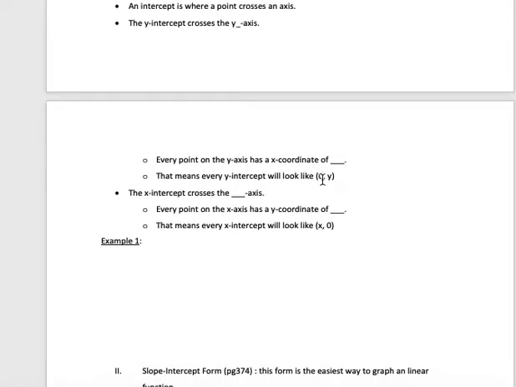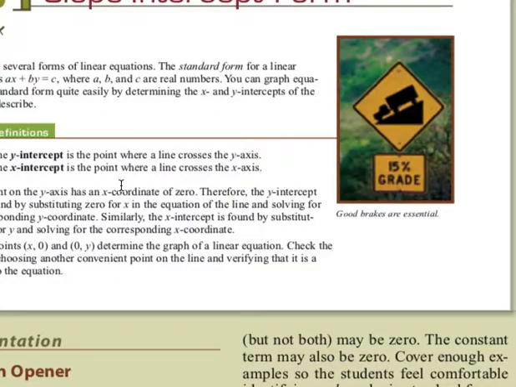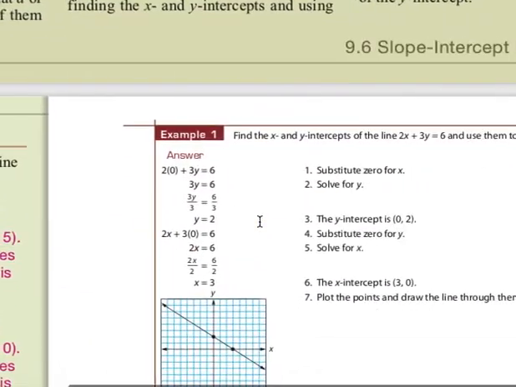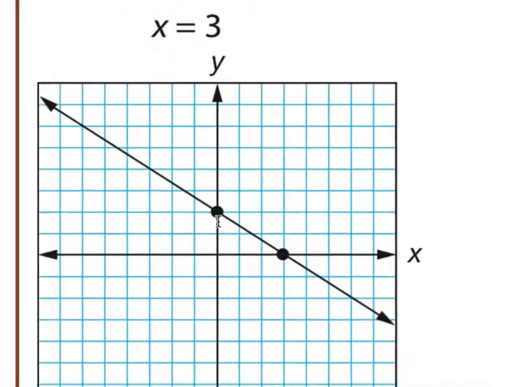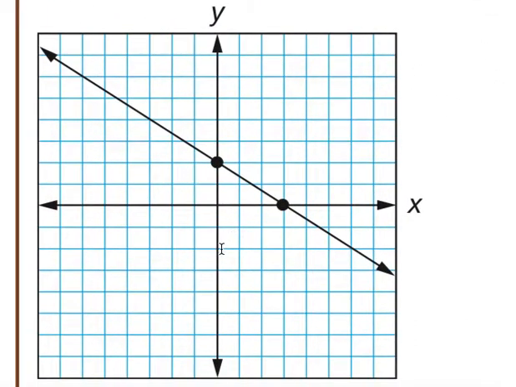Every point on the y-axis has an x-coordinate of, well, let's take a look at this graph. This is 0, 0. What is my x-coordinate on this part of the y-axis? 0.